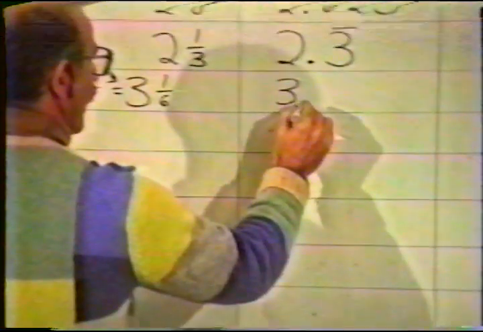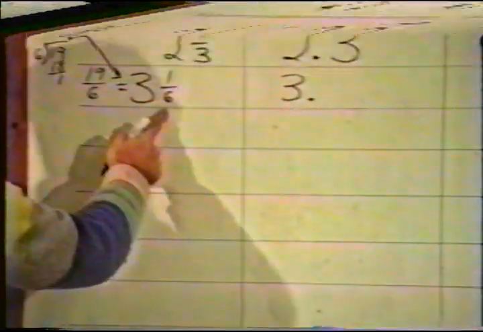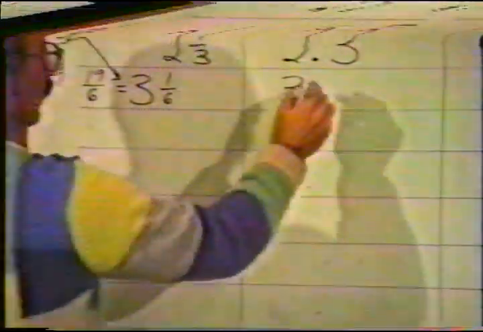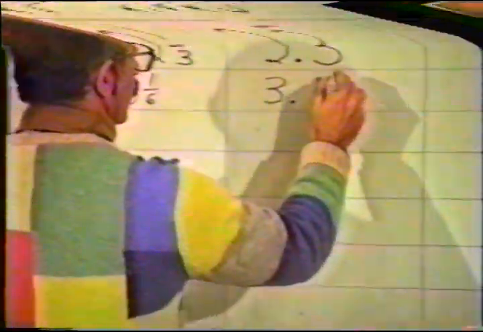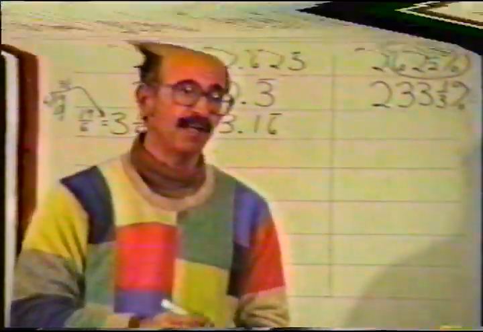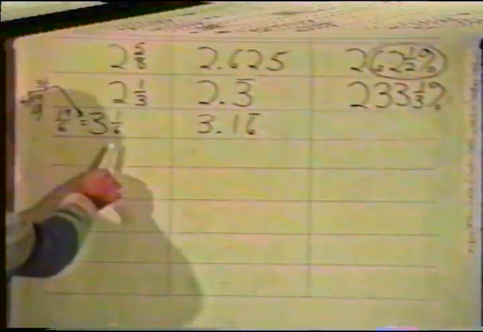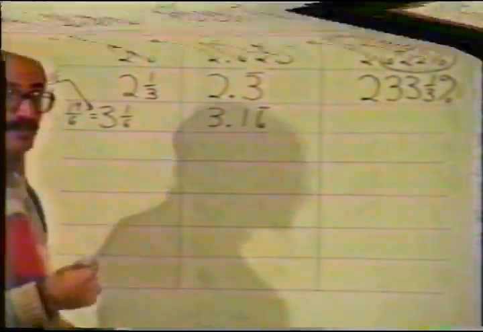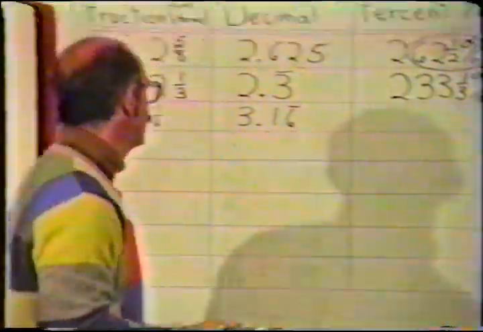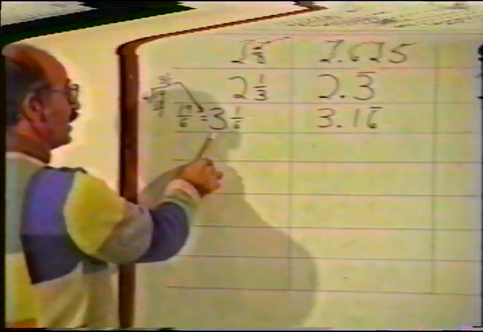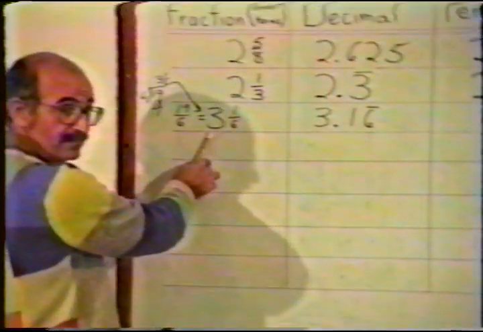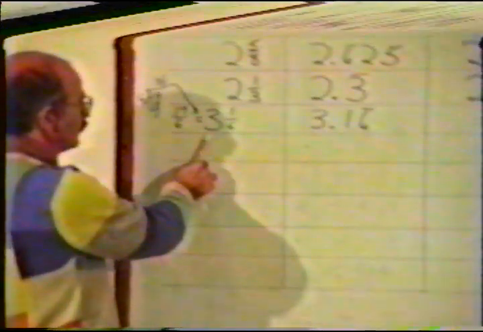3 and what is the decimal for 1/6? 0.16 repeating. 0.1 with the 6 repeating. So here we had another one of our memory percents hidden in there. Now the 3 is how much percent? 300%.